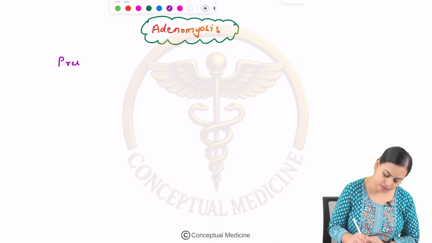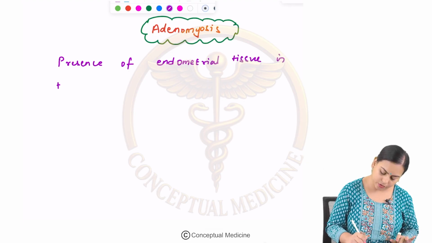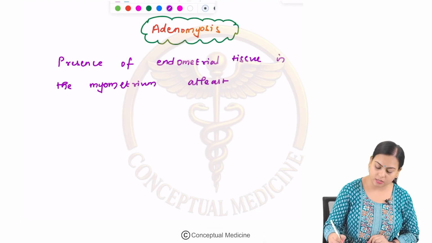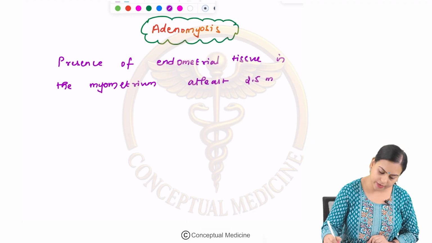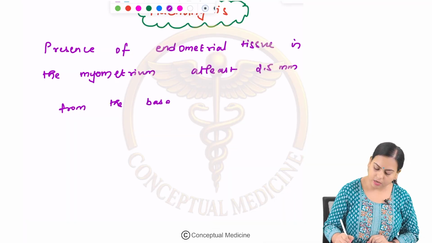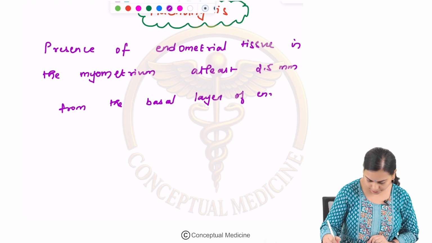Adenomyosis is the presence of endometrial tissue in the myometrium that is at least 2.5 millimeter from the basal layer of endometrium.